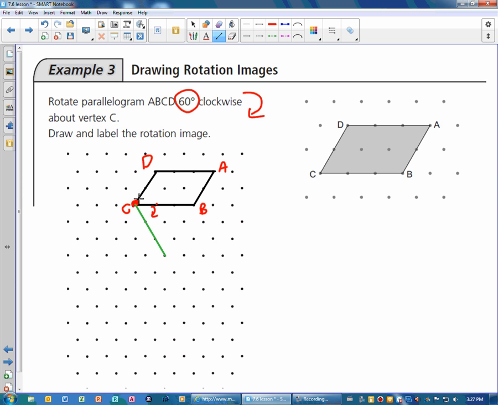Okay, this line is 1, 2. So it has to go 1, 2 because this line has gone 60 degrees that way. And then finish up. 1, 2, 3, 1, 2. And that's your new shape, the green one. Okay, so this shape has turned 60 degrees in a clockwise rotation.